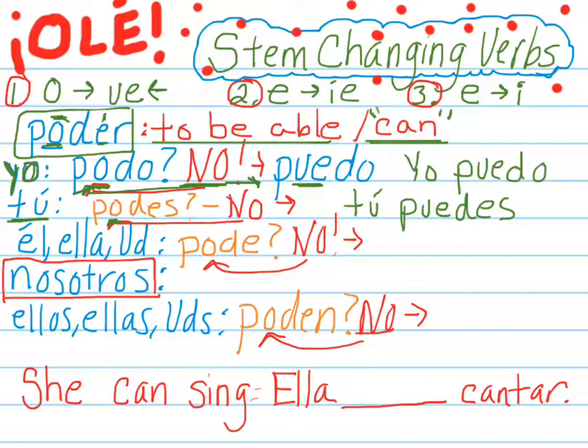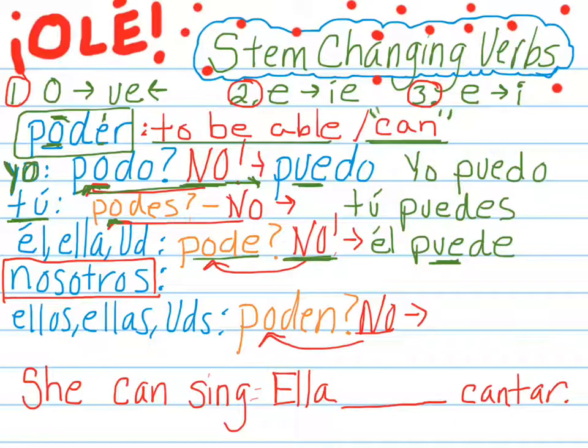Okay. Él, ella, and usted. Would that be pode? No, may it never be. The O has to change to a UE. So you would get él, ella, or usted puede. Puede. Okay. That O does not stay an O. It changes to a UE when you conjugate it.